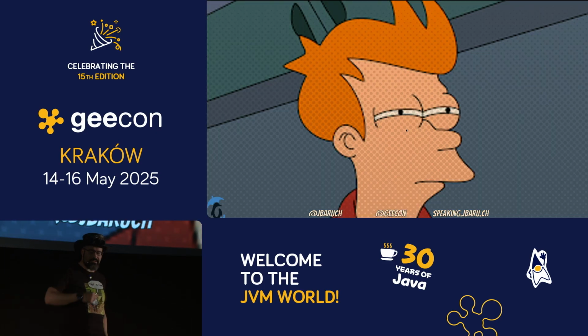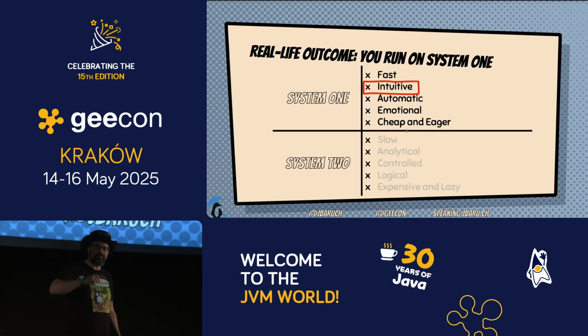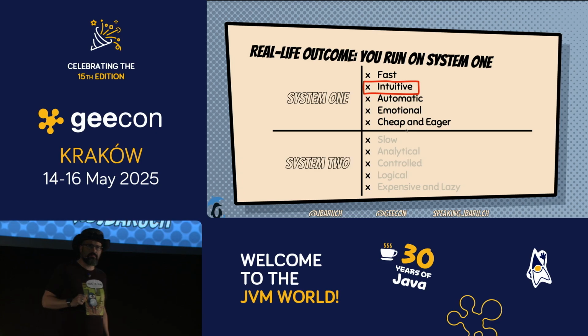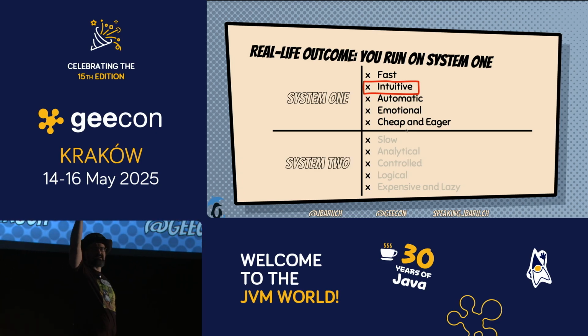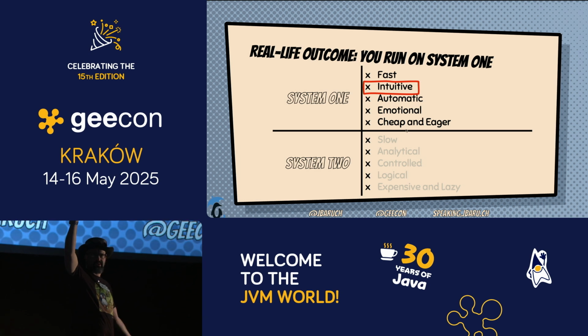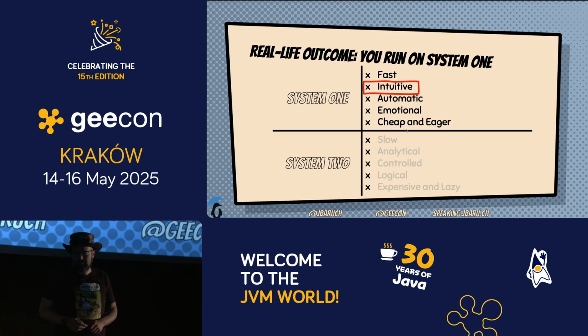This is the wait a second slide. How about intuitive? Who thinks they can write code like on System 1 easily just because we did it so many times? I assume you're just being shy because you can definitely write code on System 1, even when you're tired. Some code, right? Not all code, but some code you can write on System 1.